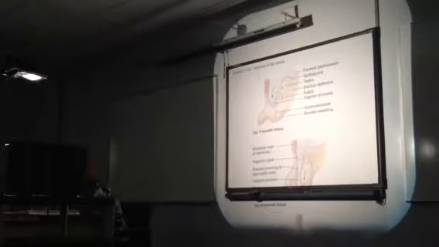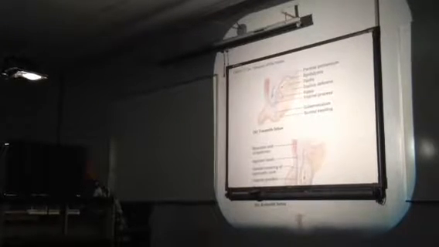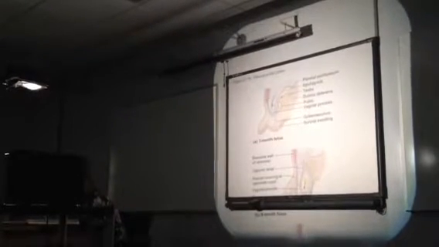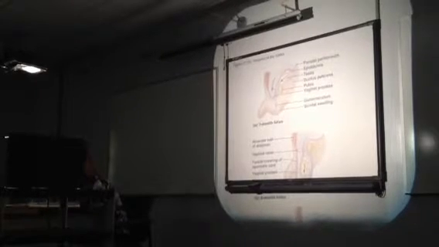Number 5, testosterone, which is a hormone, stimulates the descent of the testes. Now I mentioned that other structures were involved, so let's talk about those. Number 6.